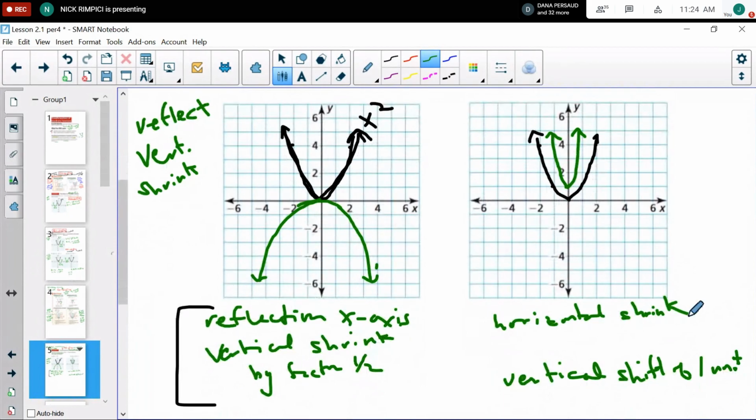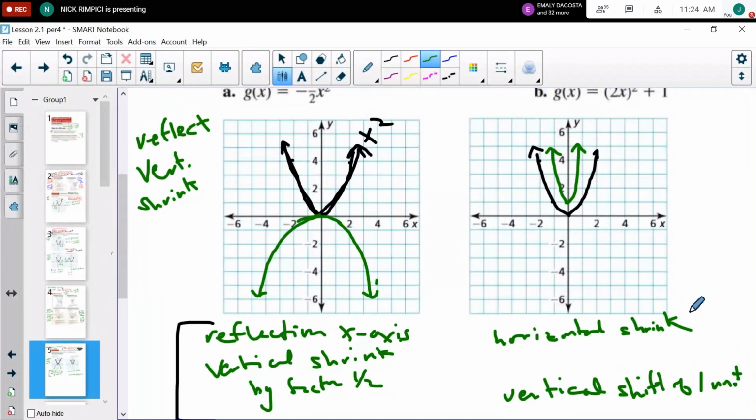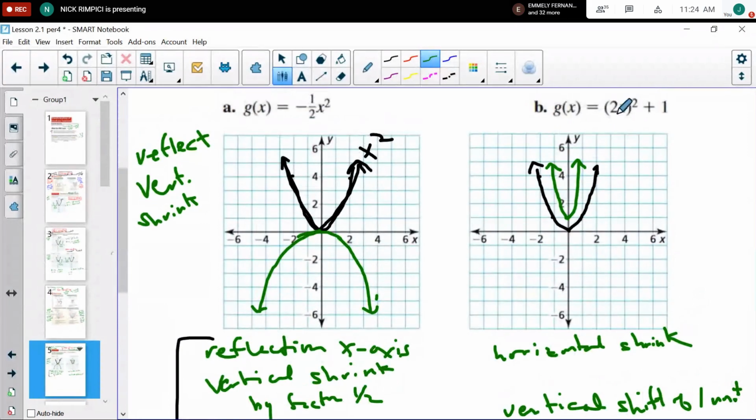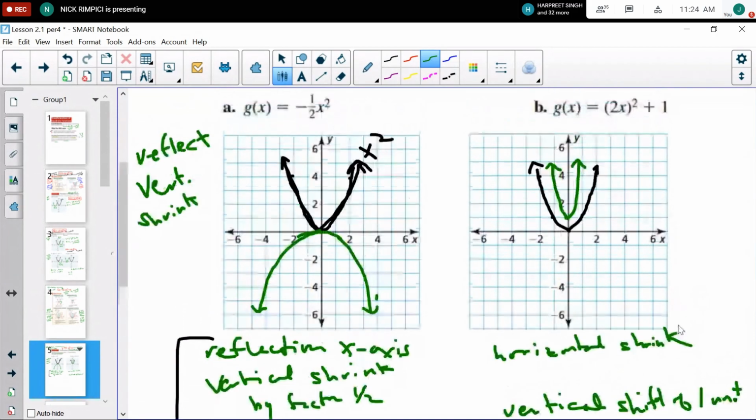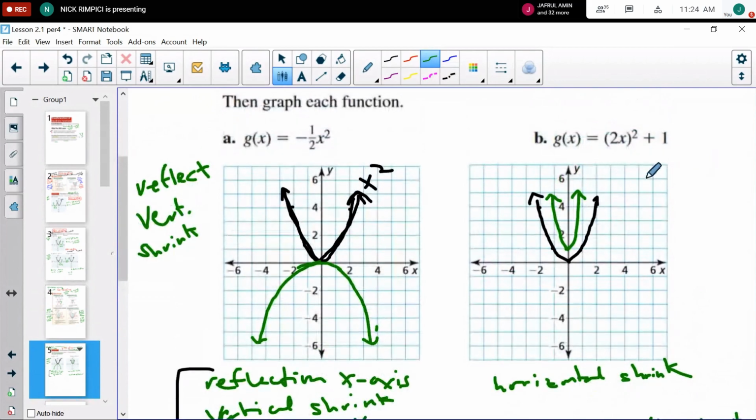Technically, for the horizontal shrink, I believe they use the reciprocal factor when they do horizontal, which means it's a horizontal shrink by a factor of a half, but I'm not going to make you write that. I'm just going to write horizontal shrink and a vertical shift. I don't think you need the factor for that. Some students might change this, by the way, into 4x squared plus 1.